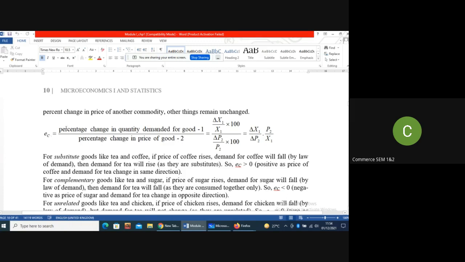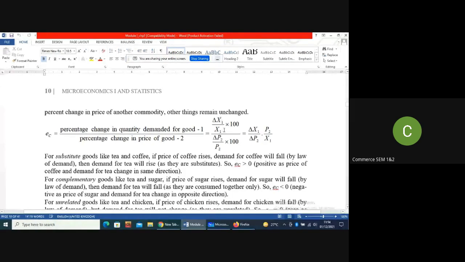EC is percentage change in quantity demanded for good 1 or commodity 1 divided by percentage change in price of commodity 2. So this is delta x1 by x1 multiplied by 100, the percentage change in demand for commodity 1, divided by delta P2 by P2 multiplied by 100, that is percentage change in price of commodity 2, not 1.